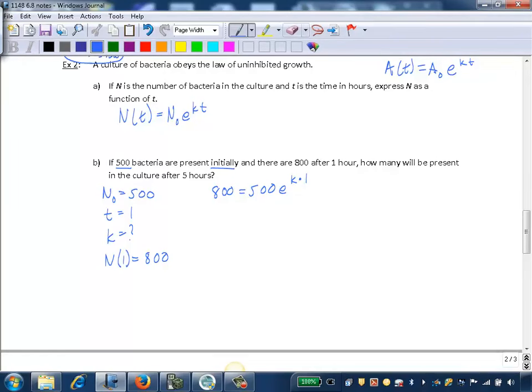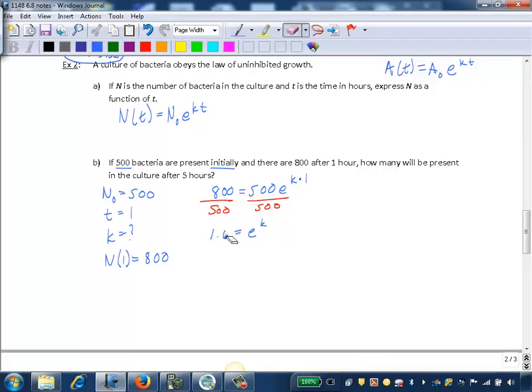So now, if I want to solve for this k, I'm going to have to isolate k, or get k out of that exponent. But first, remember, we've got to isolate the term that contains that k. So that e to the k, I've got to get rid of this 500 here first. So I'm going to divide both sides by 500. So I'm going to have 1.6 equals e to the k.